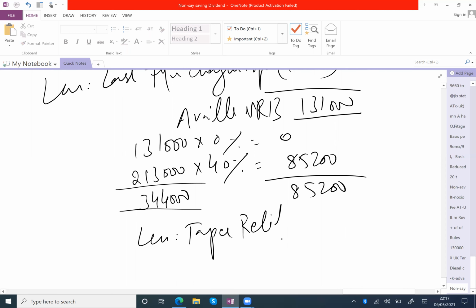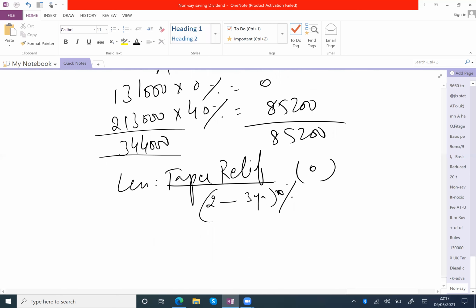Taper relief: the gap between gift and death date is within 2 to 3 years. So 0% taper relief is equal to 0. 85,200 into 0%. Always take the percentage of this amount, 85,200, and less already paid tax.